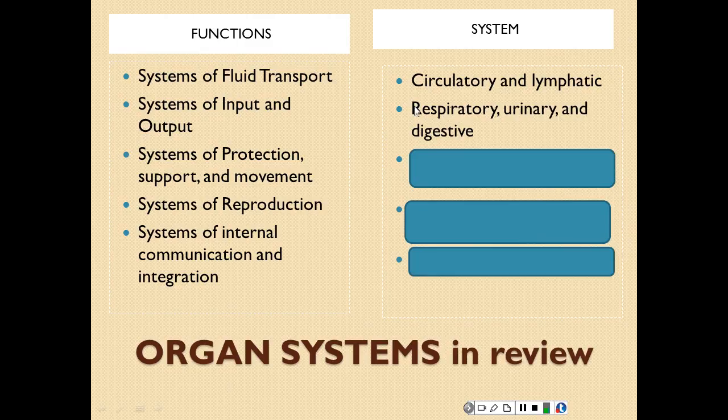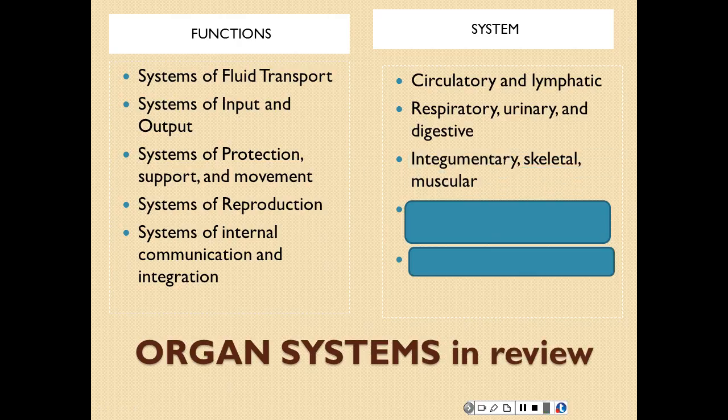Input and output. For the respiratory system, it's inputting oxygen, outputting carbon dioxide. With the digestive system, what's it bringing in? Food, our macromolecules. What are you putting out? Feces. Then we have systems of protection, support, and movement. What do you think that'll be? That's right.